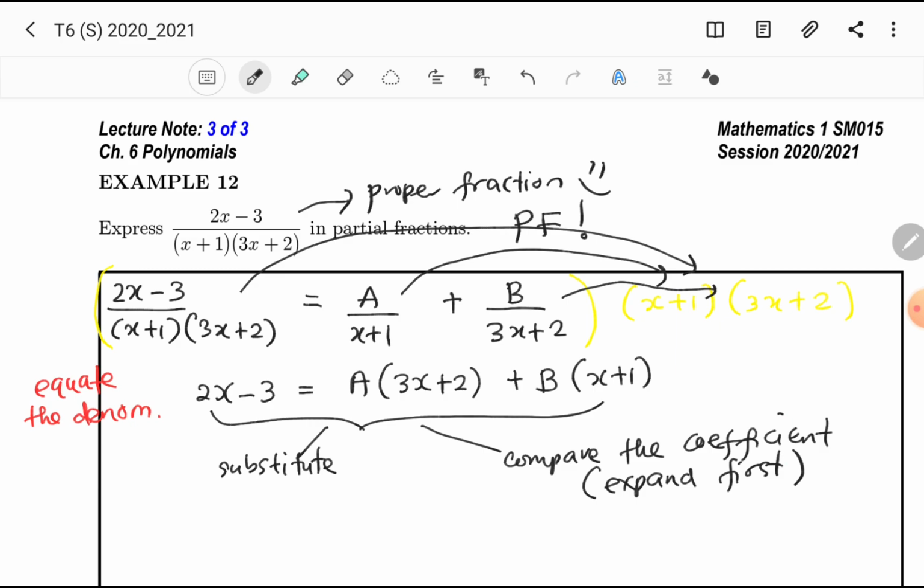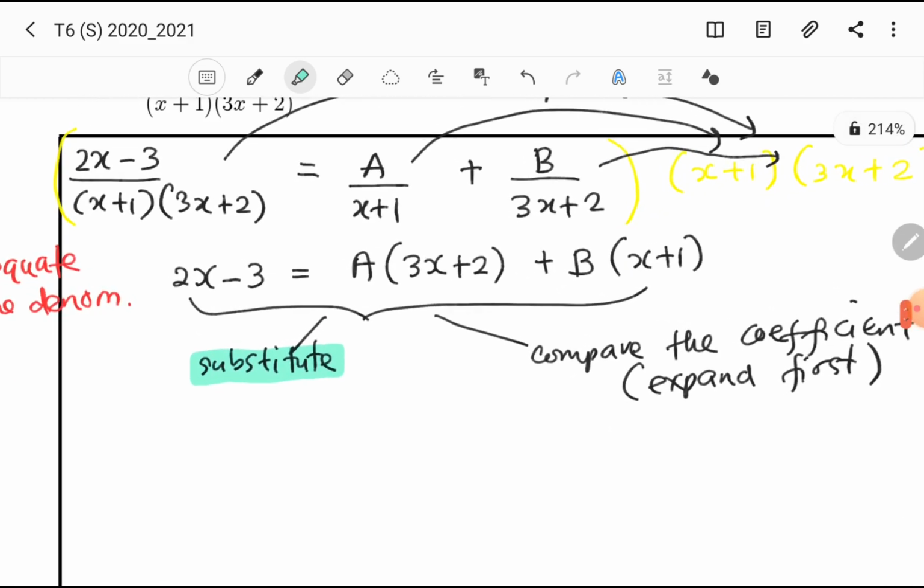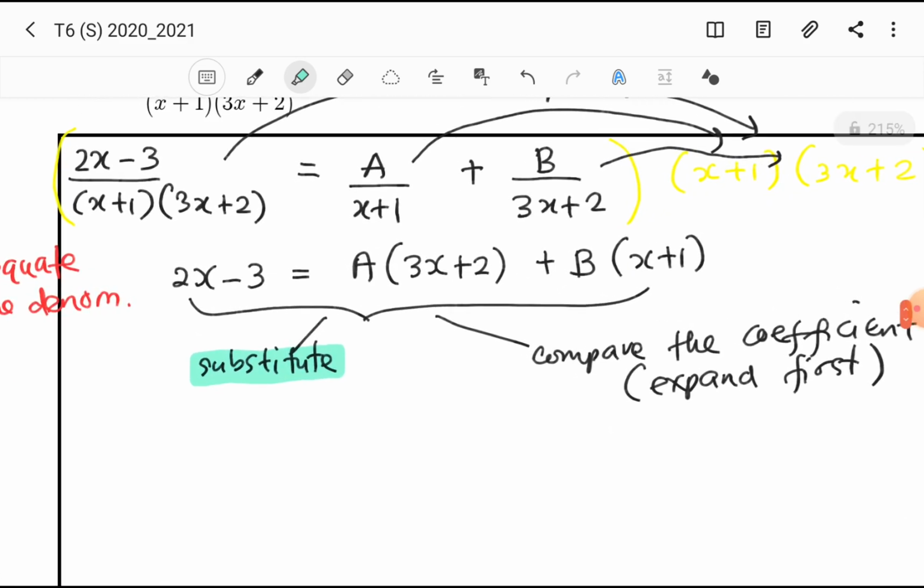Kita expand and we collect the coefficient of the same degree of x. Okay, so yang ni saya nak tunjuk for the first example, saya nak tunjuk by substitution dululah. Okay, so untuk substitution, we need to find the suitable value of x to be substitute. Okay, apa yang sesuai untuk substitute?